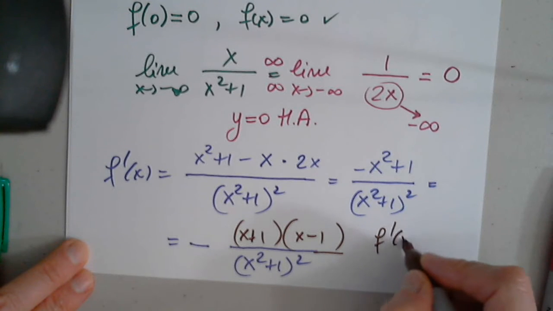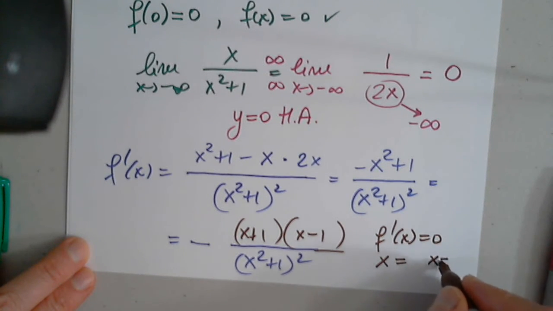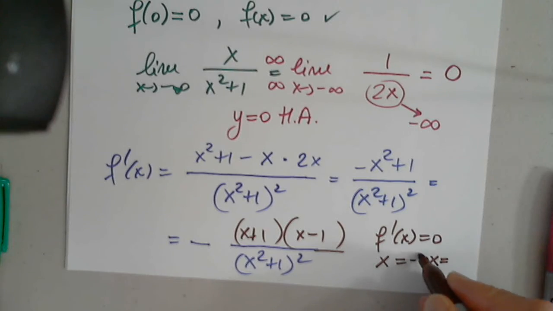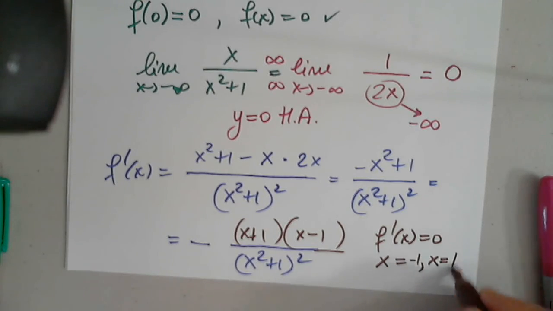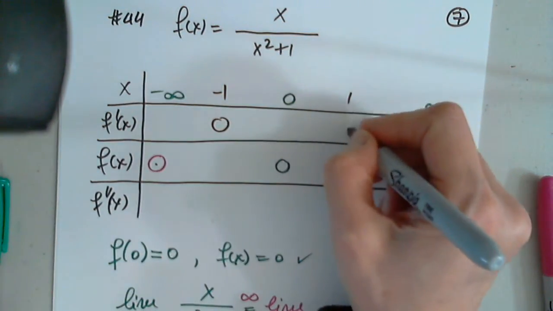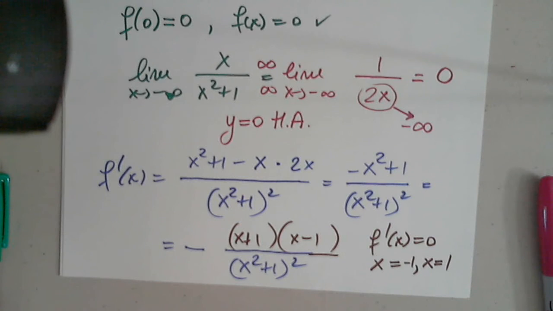Because now when I set it equal to 0, you will automatically give me the solutions. What are they? x equals negative 1, x equals 1. That's it. Negative 1, 0. 1, 0.